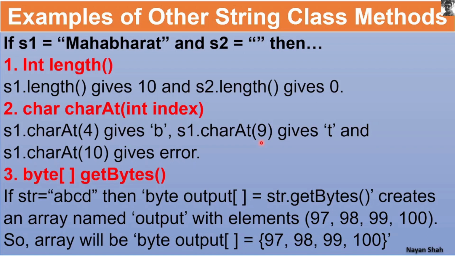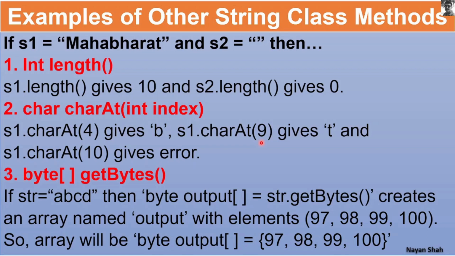If you write S1.charAt(10), it will generate an error, because index number 10 is not there. The string length is 10, so index numbers are from 0 to 9. So there is no index position 10, and it will throw an error.